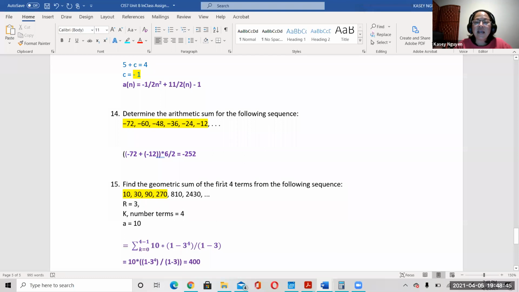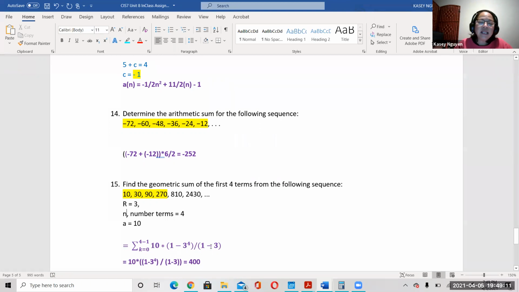And we were asked to find the sum of the first 4 terms, so your n is 4. Some equations show k, but it's confusing, so we keep it the same as what you've seen in your notes. N is 4.